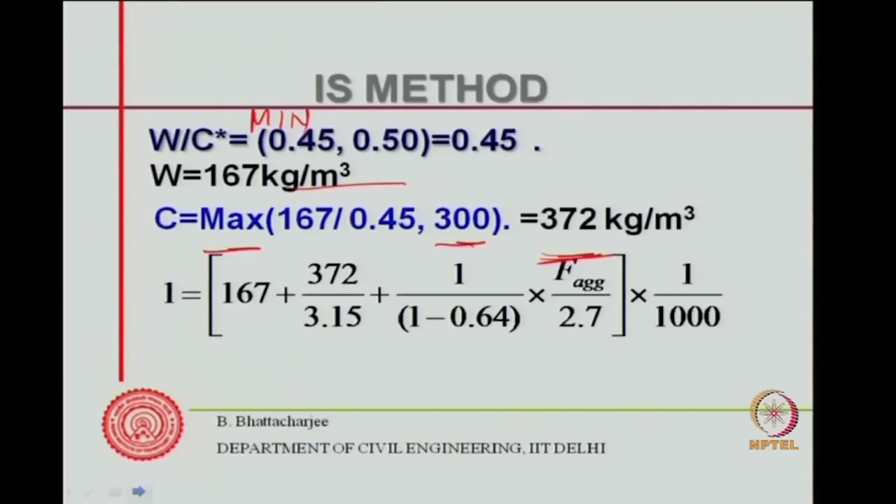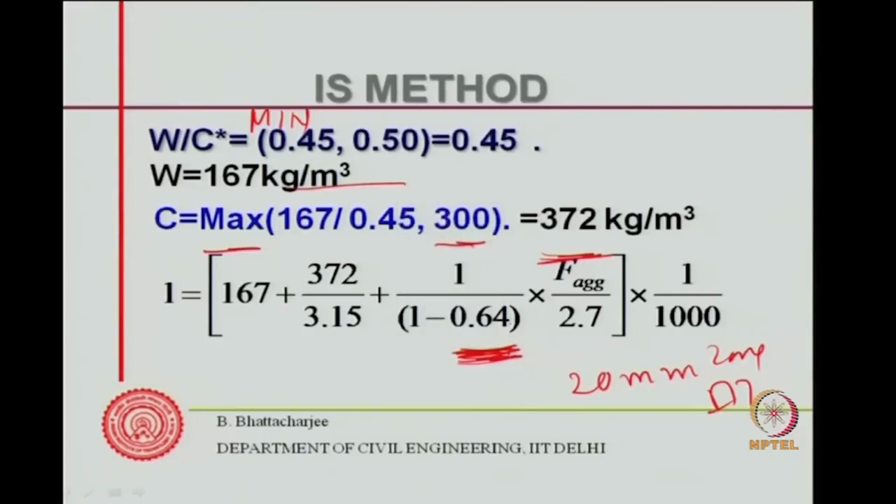Now, based on this 372, I can find out, because we have chosen this as 0.64 because for 20 mm zone 3 sand, the coarse aggregate in the total aggregate is 0.64. So, fine aggregate will be 1 minus 0.64.